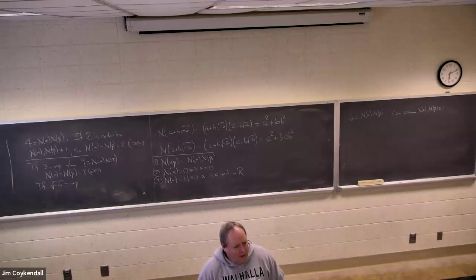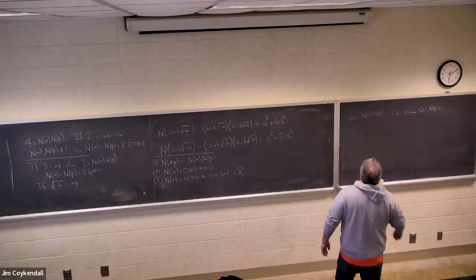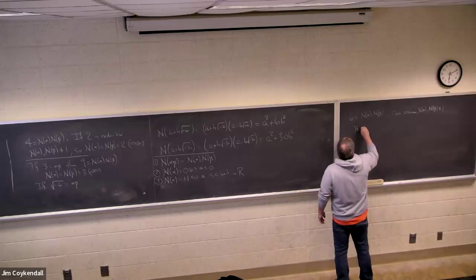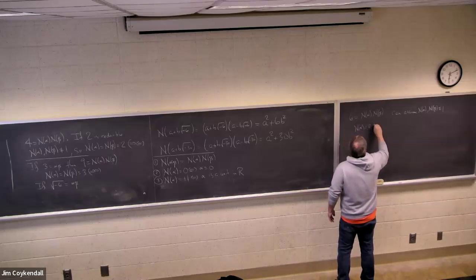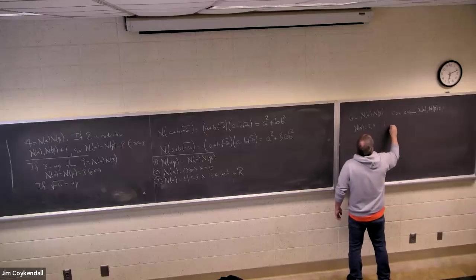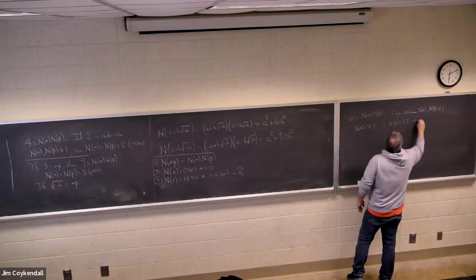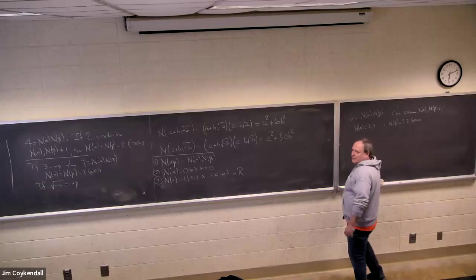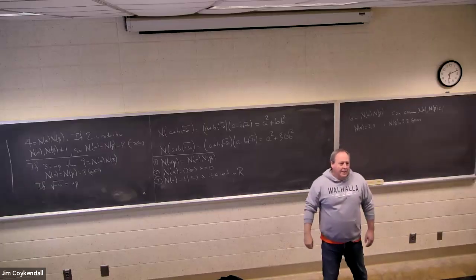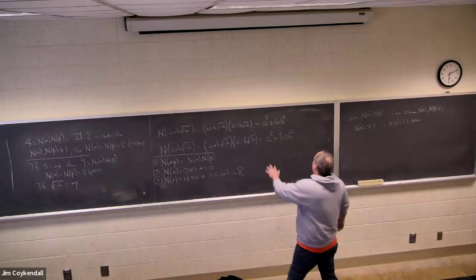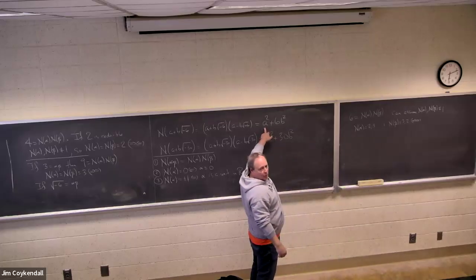So what can I conclude? Well, if it reduces, then I have to have norm alpha is 2 and norm beta is 3, or the reverse, all right? By the way, let me point out that in this ring, the only units are plus or minus one.